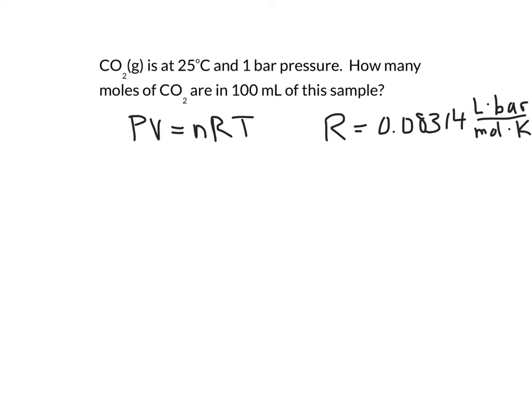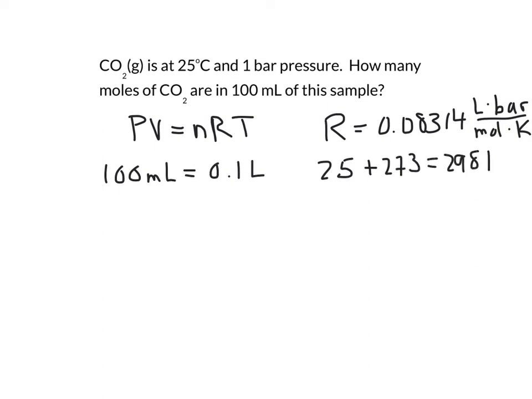The volume is pretty easy. 100 milliliters is the same as 0.1 liters. To get from Celsius to Kelvin, we just take the temperature in Celsius and add 273 to give us 298 Kelvin.